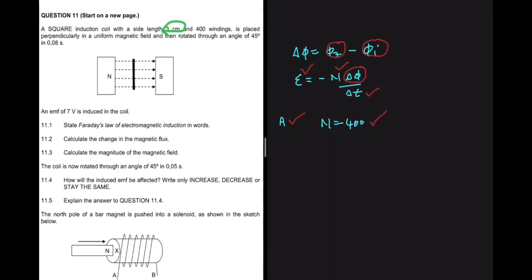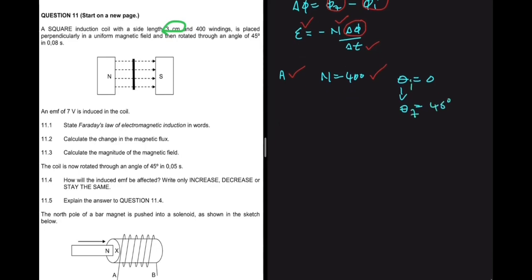It tells us that initially the angle was equal to 0, because if you place it perpendicularly in a magnetic field, then the induced EMF is at a maximum, right? So that angle should be equal to 0. And then it's rotated until we have an angle theta, which is equal to 45 degrees. So this will be our initial here, and this here will be our final.